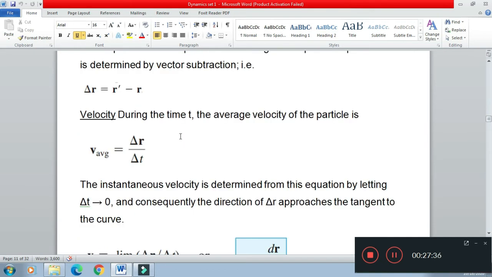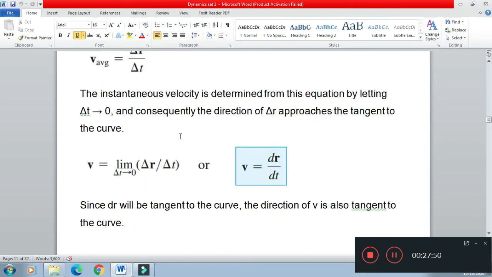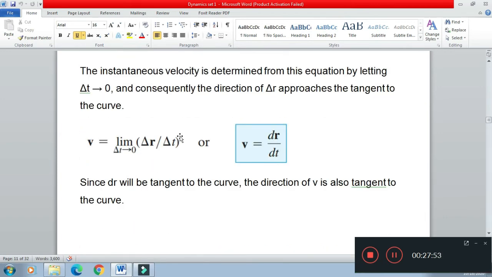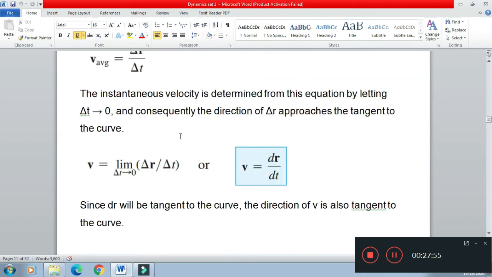To obtain velocity, which is also a vector, to determine average velocity, we will divide delta r by delta t. When the time approaches 0, then the velocity will be the instantaneous velocity. Instantaneous velocity will be dr over dt.